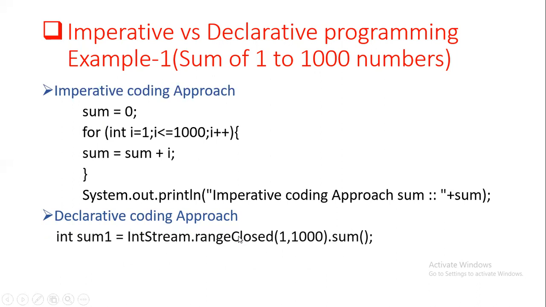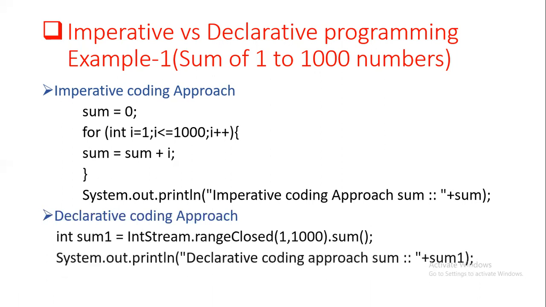There are range and rangeClosed methods, starting from 1 and ending at 1000. Then there is a sum method we can call, and it returns the sum. That's it.